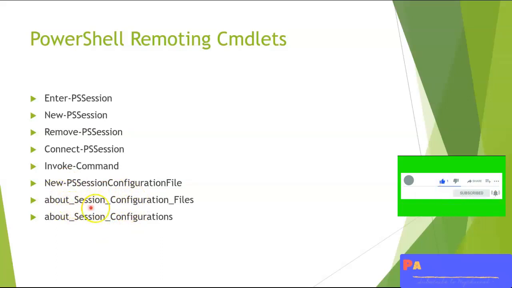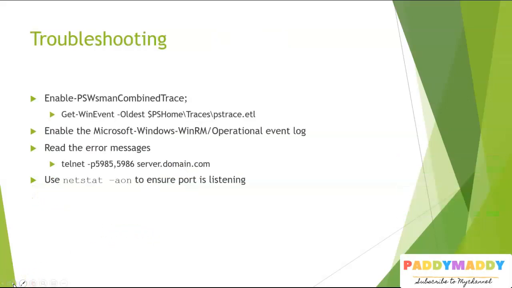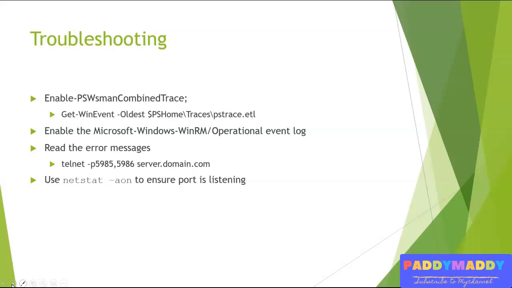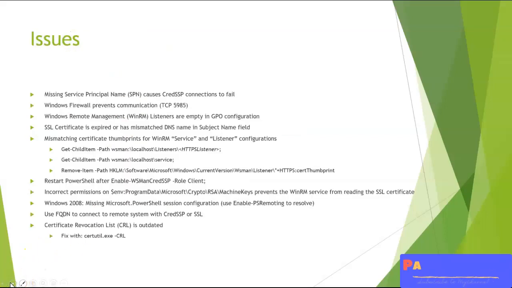Out of these, about_PSSessions is the one which can give you more information, and you can always go for Get-Help. For troubleshooting, it all depends on WinRM, so you need to check the WinRM-specific logs, and whether we have the proper ports enabled, like 5985 and 5986 on your computer, and check even netstat for whether your ports are listening.